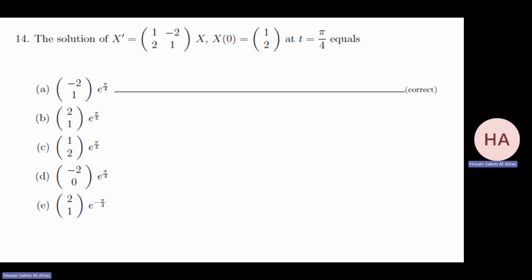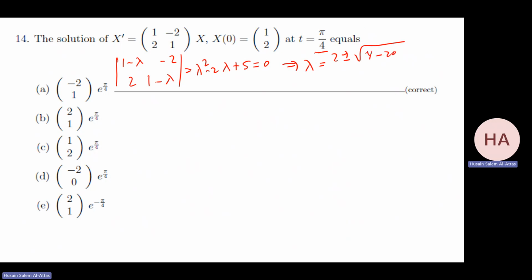Okay. The solution of this, it seems to me that I will have non-real eigenvalues. Let me do the calculation. 1 minus lambda, minus 2, 2, 1 minus lambda. That will be lambda square minus 2 lambda plus 5. So lambda will be 2 plus or minus square root 4 minus 20, over 2.